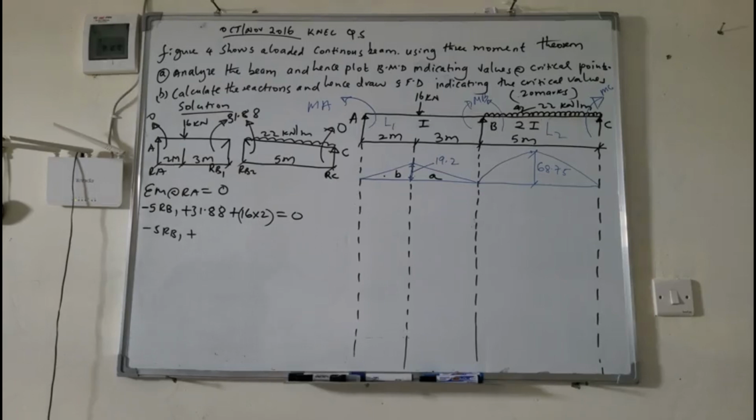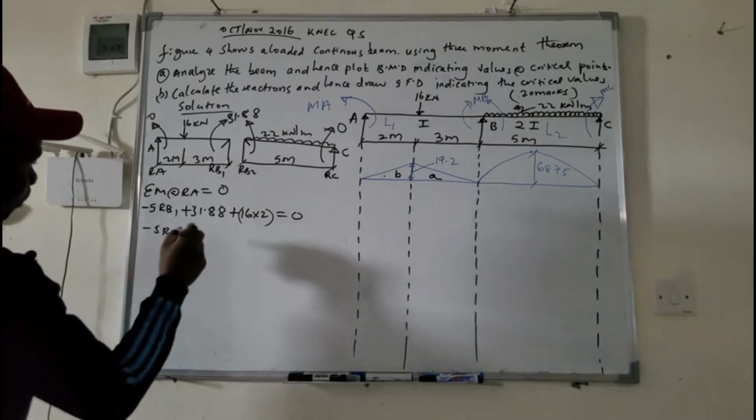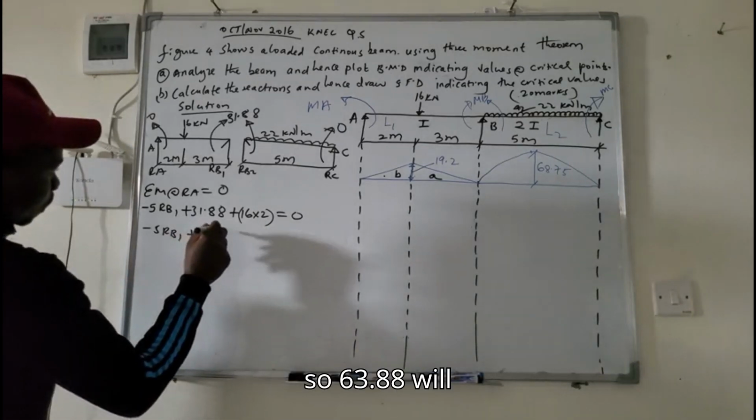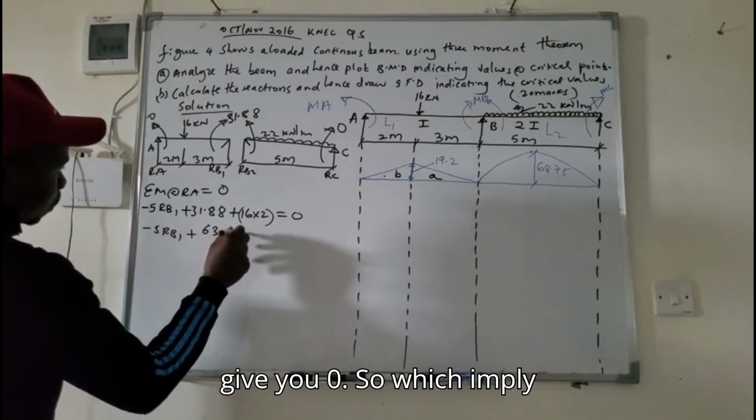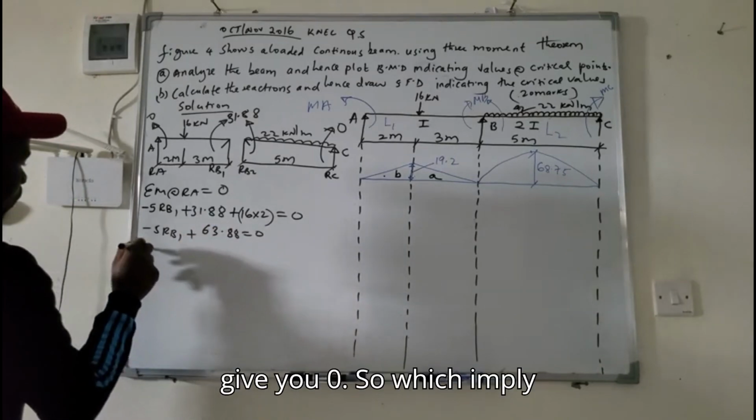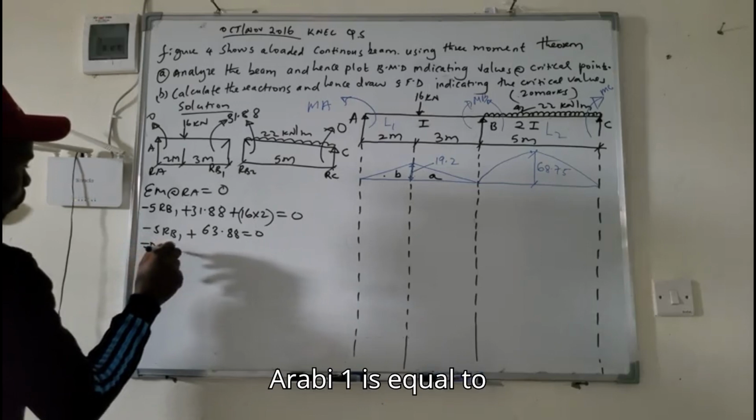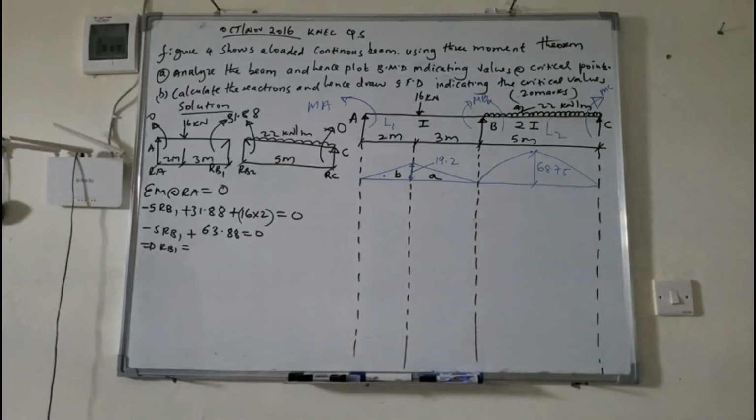So that one will be 63.88. 63.88 will give you 0. So which imply RB1 is equal to 12.78.